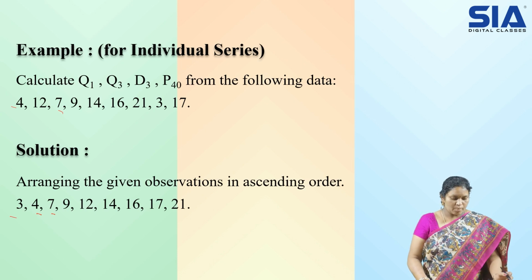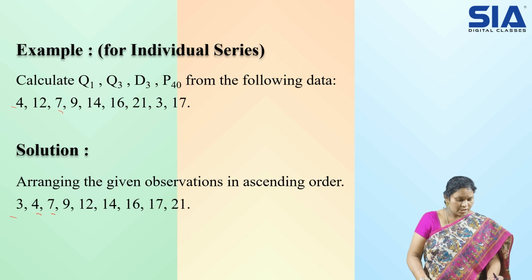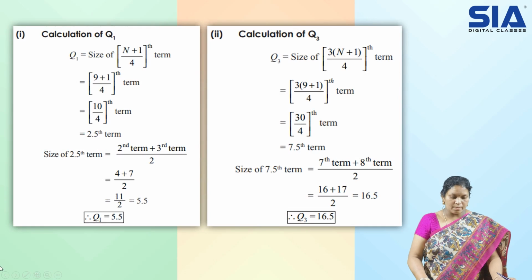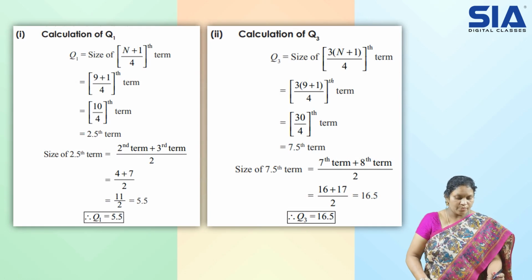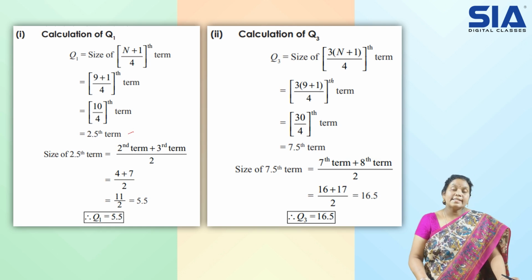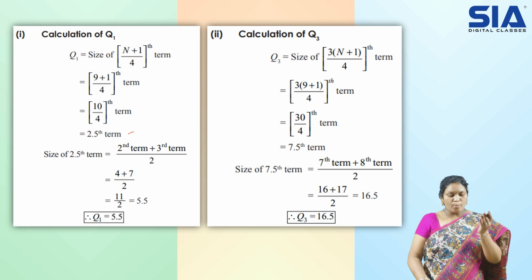So N is nothing but the number of observations. We have 9 observations. So our formula is capital N plus 1 by 4th term, right? So N is 9; 9 plus 1 by 4th term you have to consider. That is nothing but 2.5 we got. 2.5, so exactly it is dividing into half, neither the second value nor the third value.